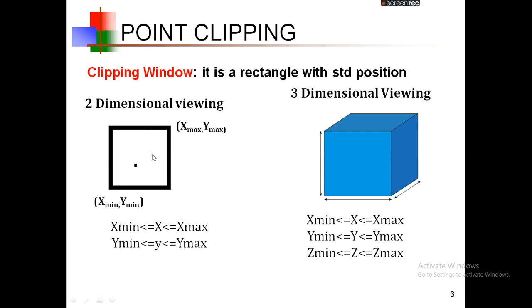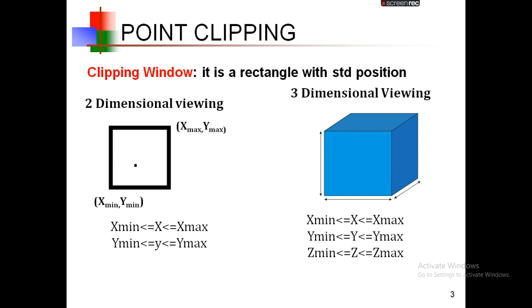This is about the two-dimensional plane. Assume that we are using a three-dimensional Cartesian reference frame, then we need a viewing volume. Our clipping window is not like a rectangle or a square. It looks like a cube because we want to clip a given three-dimensional object.